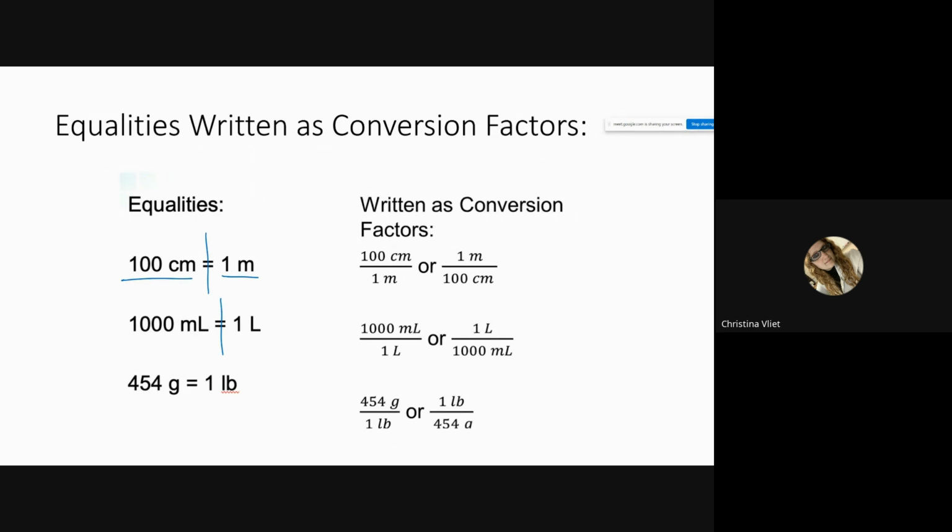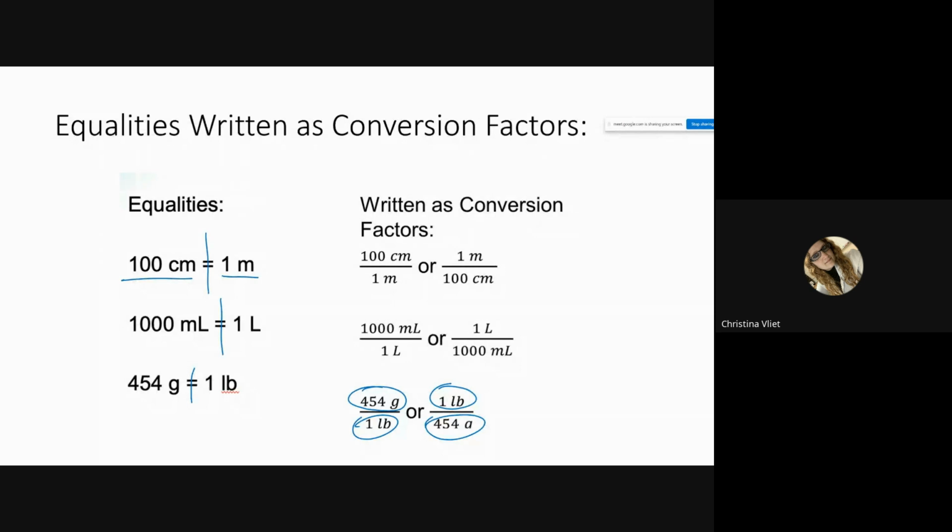If I have 454 grams equals 1 pound, it could be 454 grams over 1 pound, or it could be 1 pound over 454 grams. Where you have the equal sign is the division. Now, how do you know which one to use in a question? That's what we're going to learn how to do very shortly.